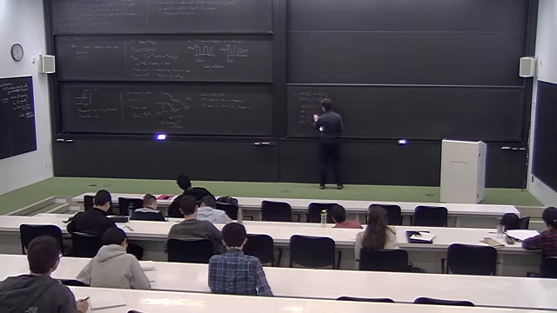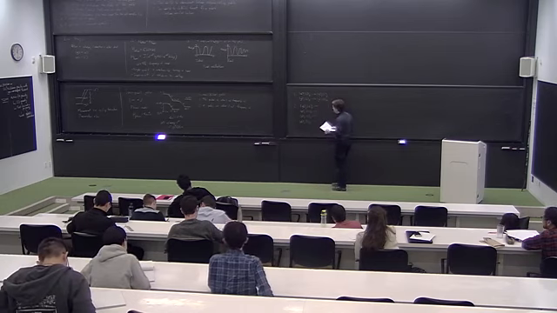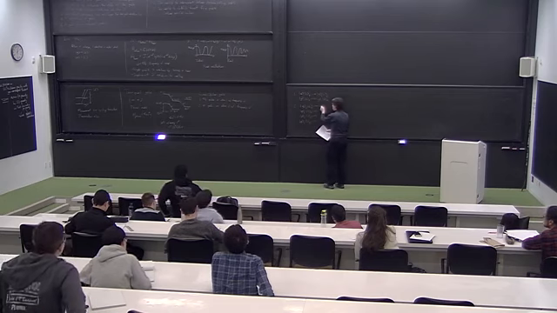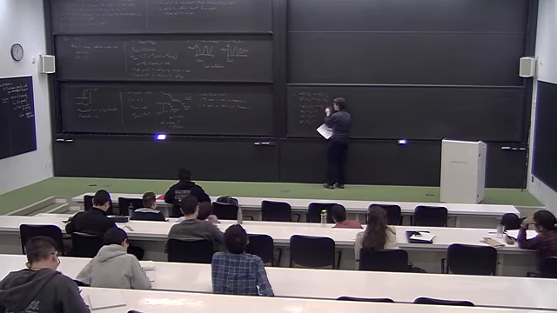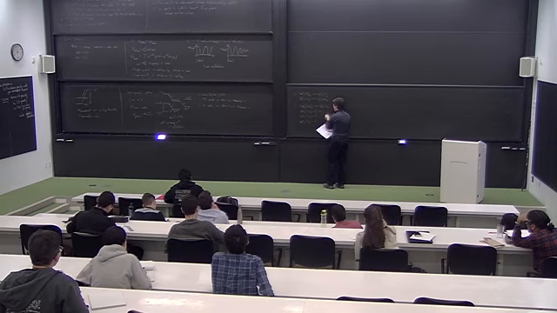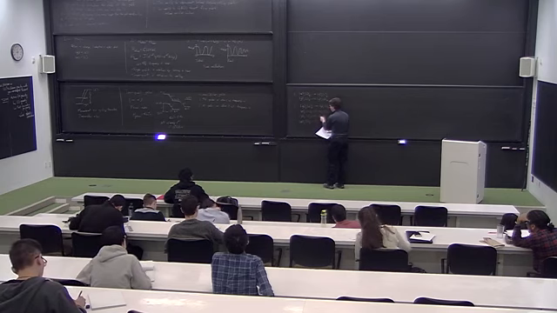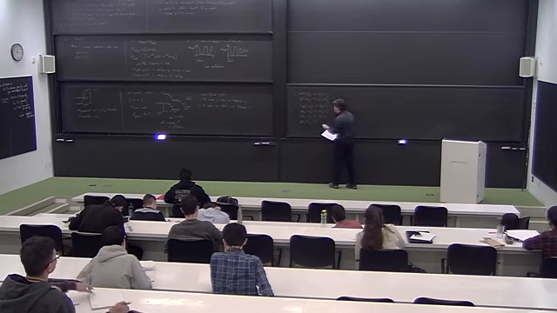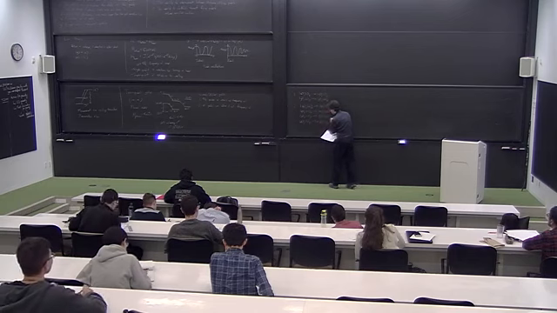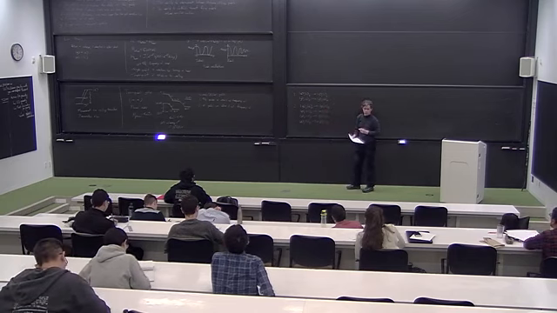And what do we get? Well, in this case, nothing happens. We just get the state back. In this case, nothing happens. In this case, nothing happens. But in this case, we get minus the state. OK?